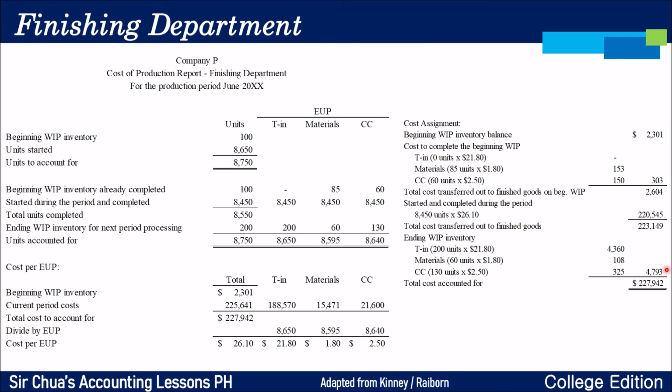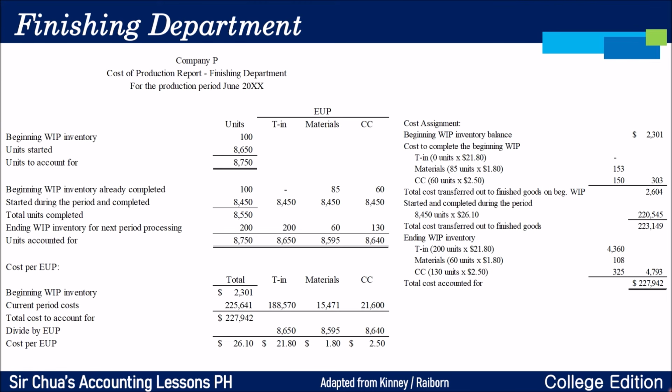How much is the cost of completed goods that was transferred to the finished goods inventory T account? Ito po, yung 223,149 na natapos nating gawain. And that is our cost of production report for the finishing department.